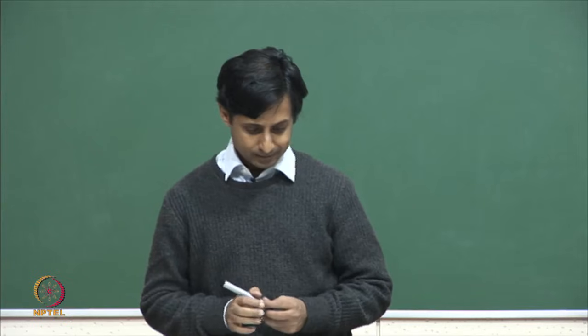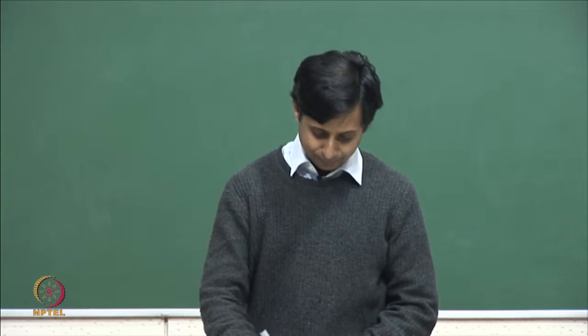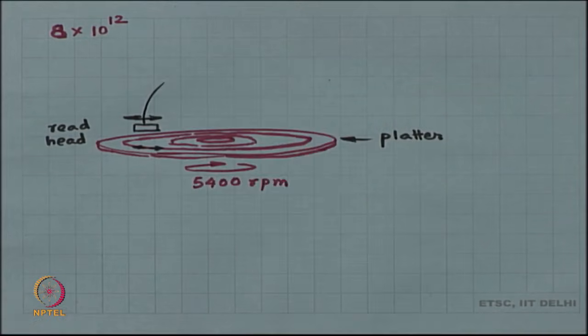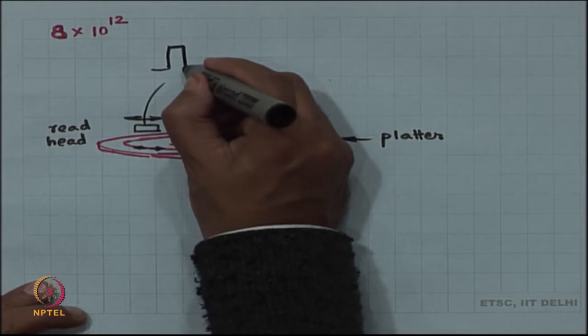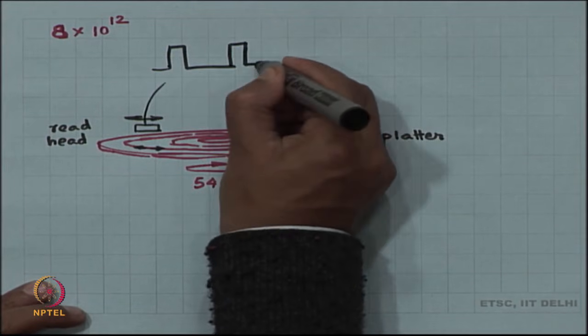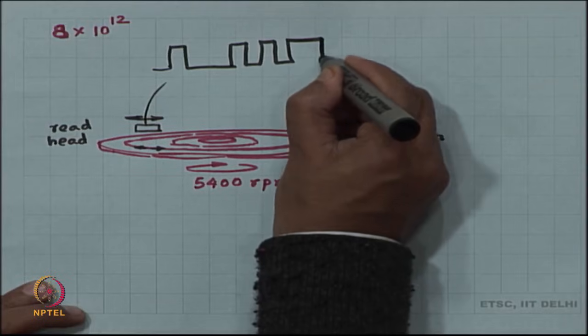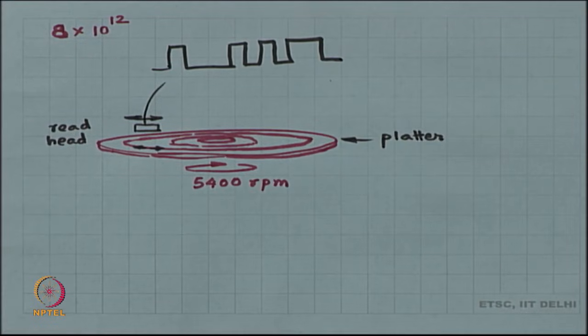Invariably, if you look at the voltage coming out of this, you would want it to look like a series of ones and zeros. You think it would look like this, but it does not look like this at all.